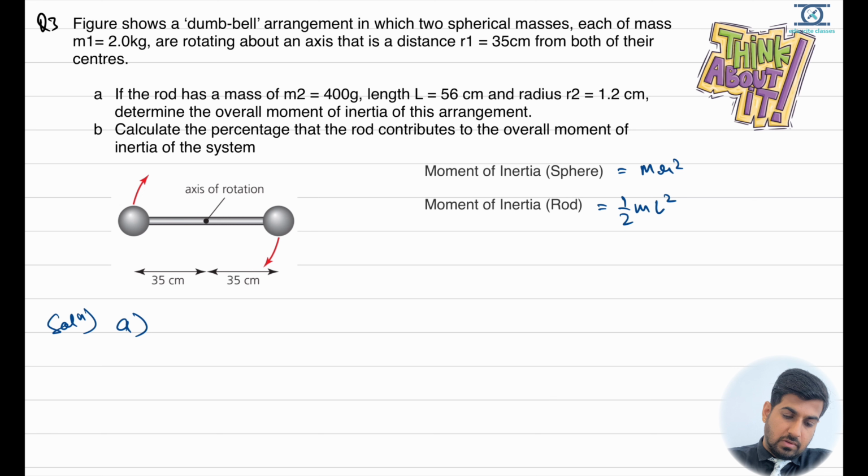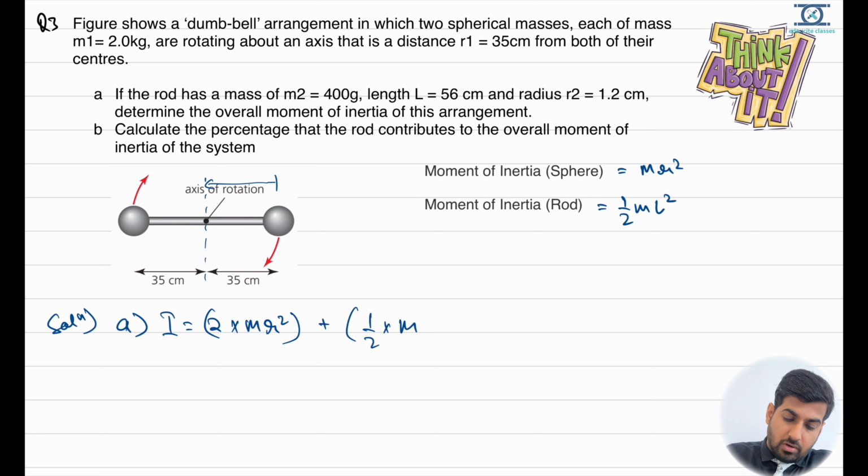So the total moment of inertia will be 2 times m r square plus 1 by 2 times m into length, where this will be the length of the rod L, so m L square.